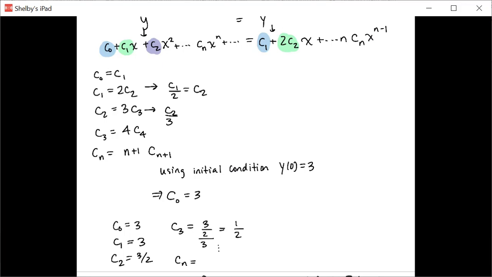looks like 3 is a common factor. So 3 times 1 over n factorial.